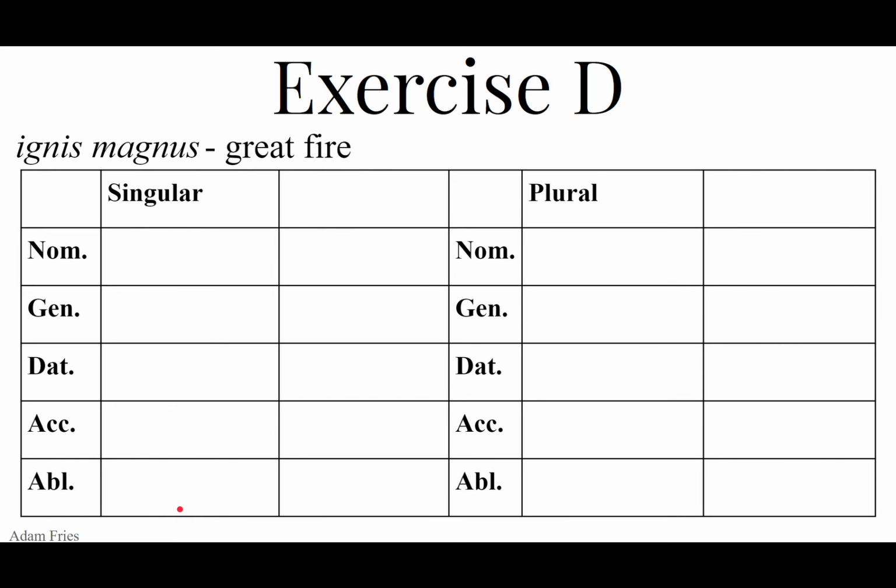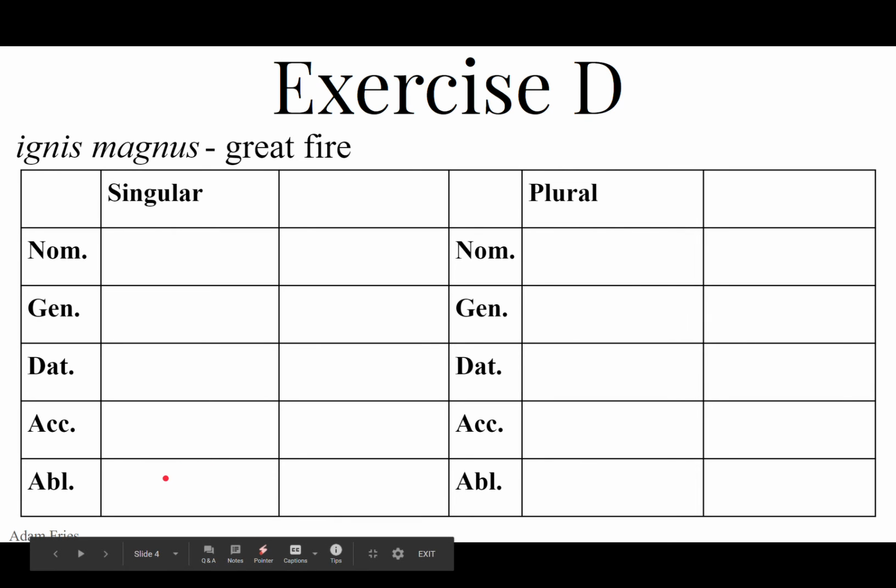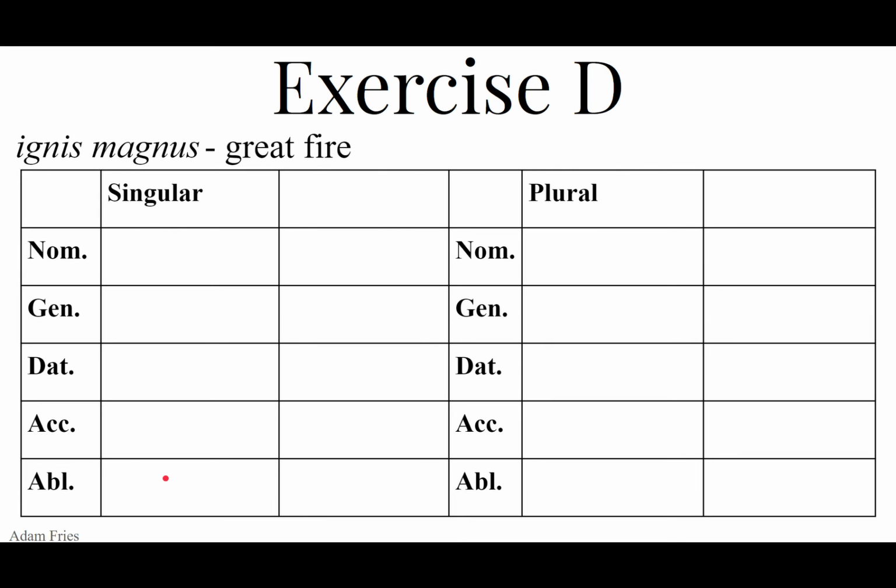So animal, mare, exemplar, those will have ablative singulars ending in the letter I, pronounced E. Animali, mari, exemplari. Otherwise, third declension nouns tend to have the letter E, pronounced A, as the ablative singular, like it is in igne.